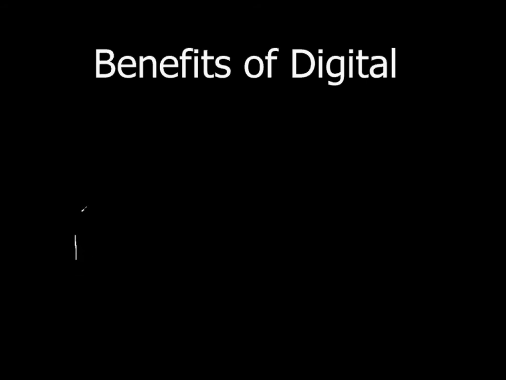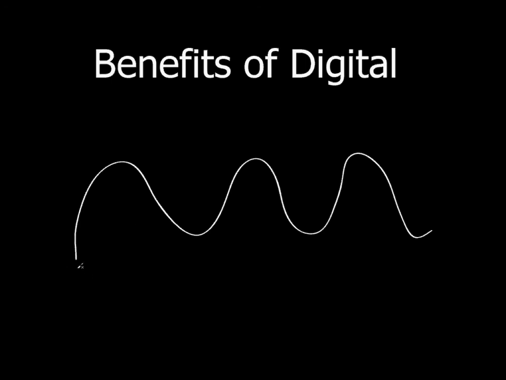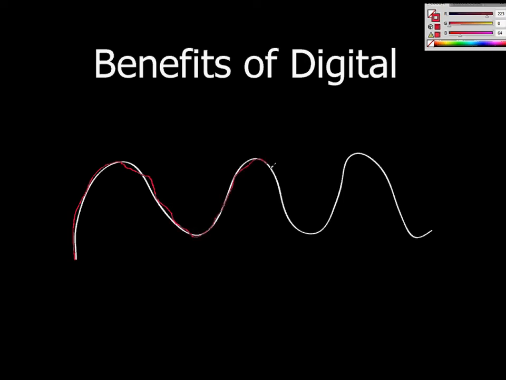So let's consider an analog wave. We can take a quantity anywhere along this continuous wave for analog. But if we were going to make a copy of this wave, and I'm going to try and make a copy of this, you can see that error has been introduced.